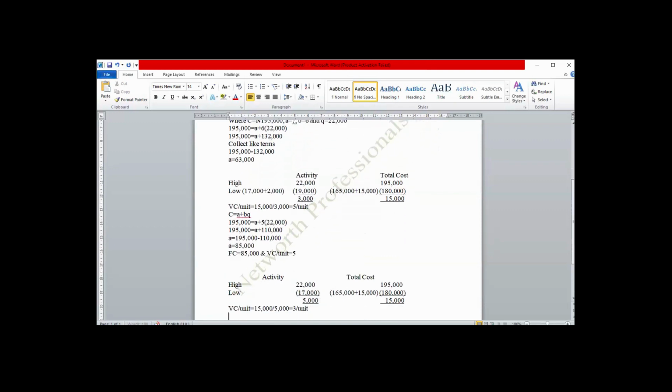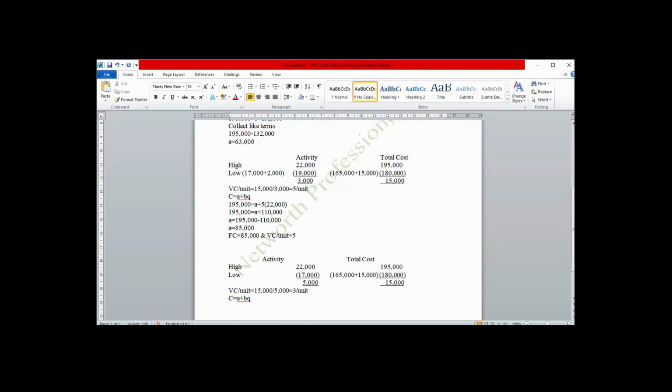On the other hand, where we use this, we also use the same approach. Are you with me? We come back here and say that our C is equal to A plus BQ.